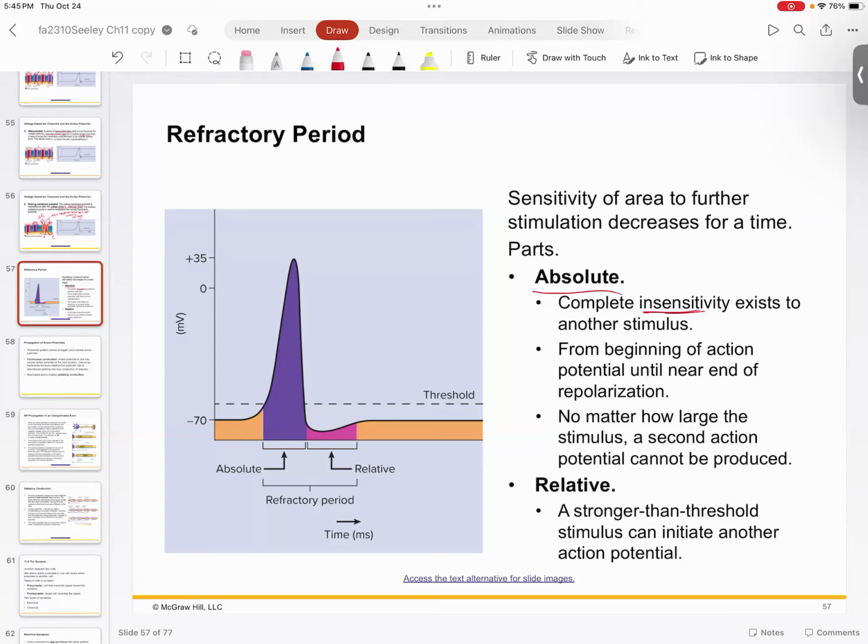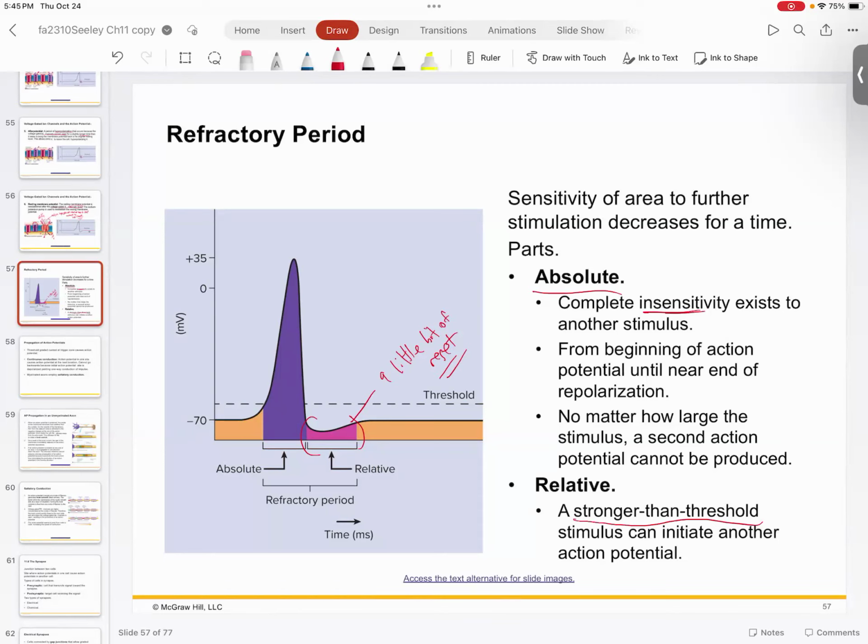Now, the pink zone is the relative refractory period. So this is basically where you have a little bit of reset. You're not perfect yet because you haven't gotten yourself adjusted back to resting membrane potential, but you do have a little bit of reset here. So you are partially sensitive to stimulus. But generally speaking, you have to get a little bit of a stronger stimulus. So it has to be a little stronger than threshold to get you there.